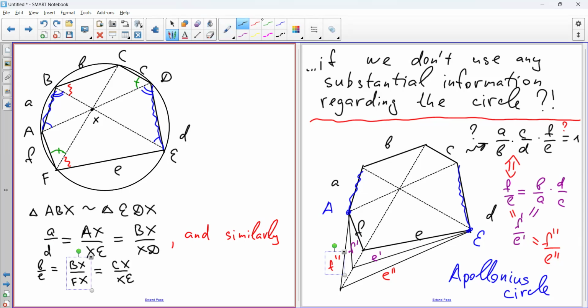So I literally just try to observe this couple of triangles now at this moment. And that is how I write down this ratio.